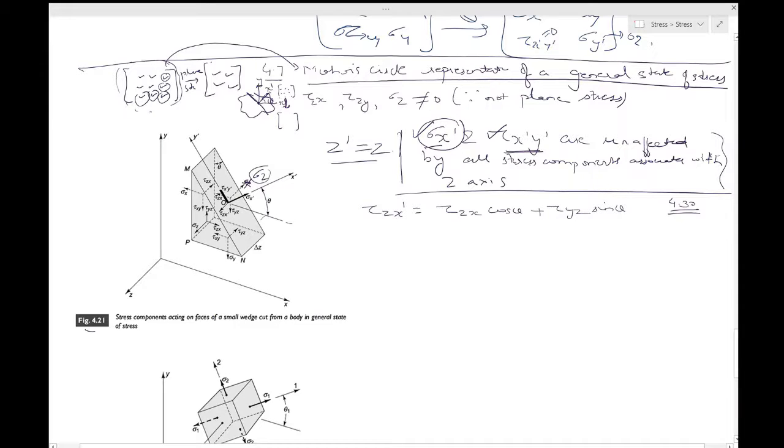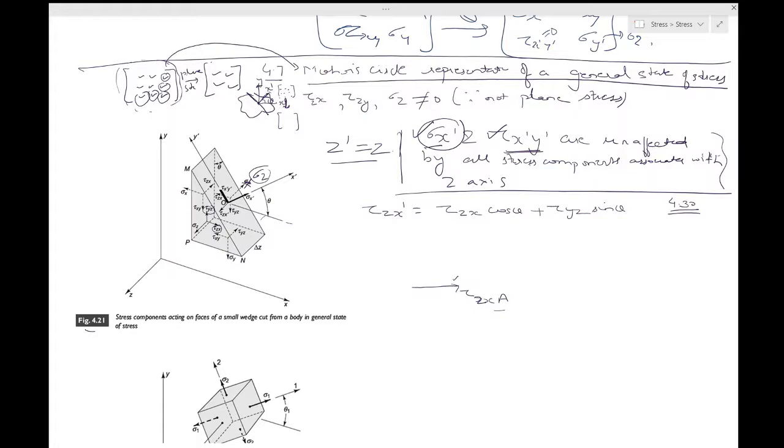Now, if we resolve the stress components tau zx and tau yz on the plus z face, so this is the plus z face, into components perpendicular and parallel to MN. So you have tau zx into area. I am writing it like a force with a magnitude and direction. I do not want to say that we are resolving the stress component, because stress component is not a vector.